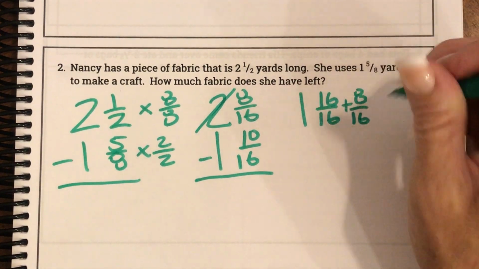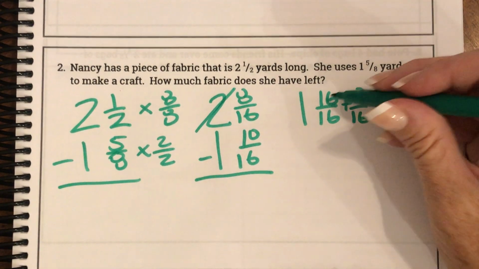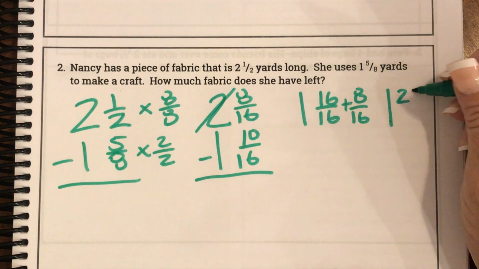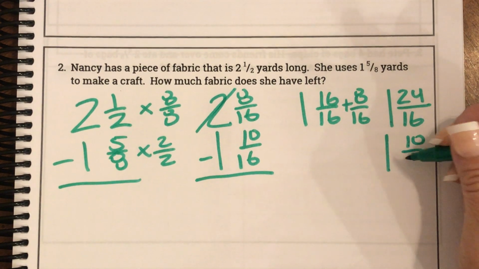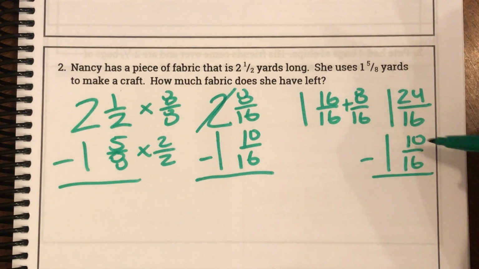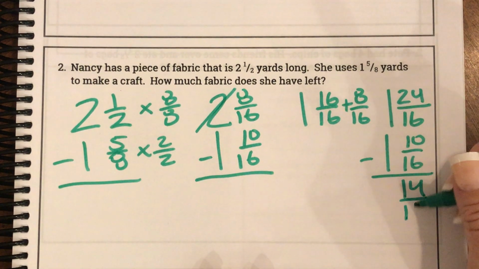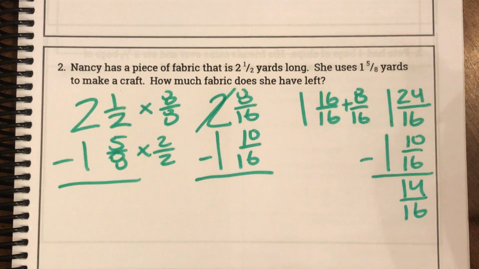But we already had 8/16. So now on top, we have 16 plus 8 pieces is 24 pieces. And on the bottom, we have 10 out of 16. So we have 24 take away 10 is 14/16. 1 take away 1 is nothing.